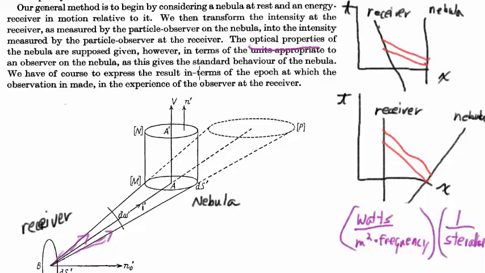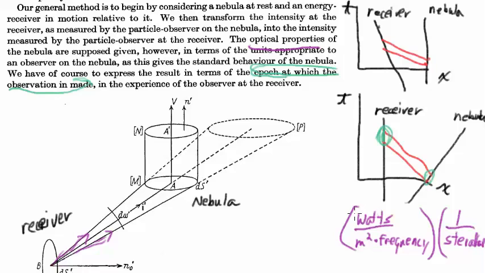We have, of course, to express the result in terms of the epoch at which the observation is made, which is right in here, in the experience of the observer at the receiver. So we're going to use this time, but we'll be using an observation of an event that is back here.